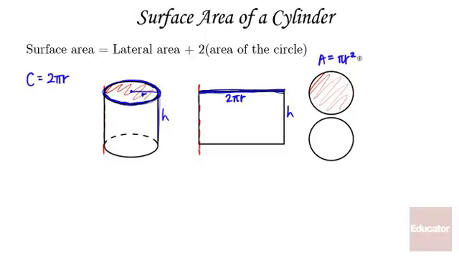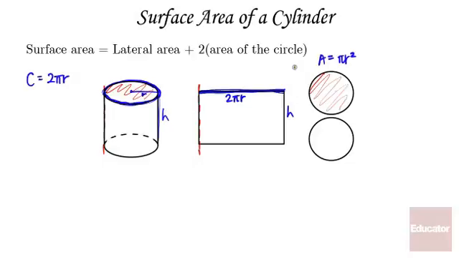So a few things to look at here. We have circumference to help us find the length of this rectangle, the lateral area. And then we have the area of a circle because that's the area of the base. Be careful here not to get confused with volume. Surface area and volume are very different things. Surface area, we're just finding the space of the outside of the cylinder, whereas volume measures everything inside, how much space it's covering on the inside.